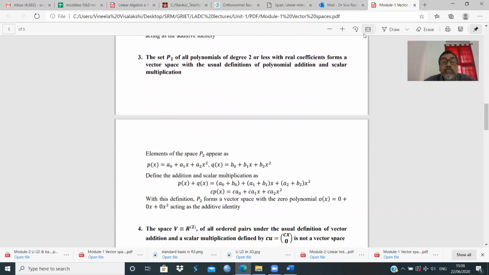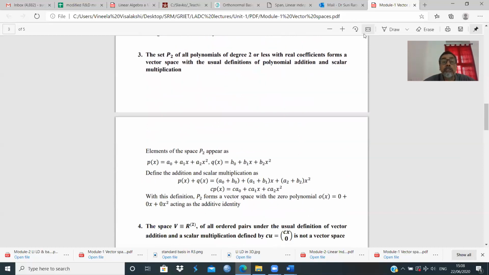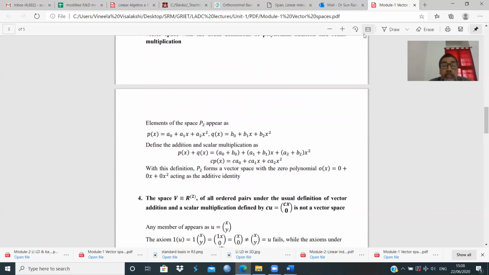We now move to the third example where we talk about the space of polynomials of degree 2 or less. Such a space is generally denoted by P2. And we can define addition as addition of polynomials and scalar multiplication as multiplication of a polynomial with a scalar. So to make the definitions clear, let us take two polynomials p(x) and q(x) and add them in the usual way.